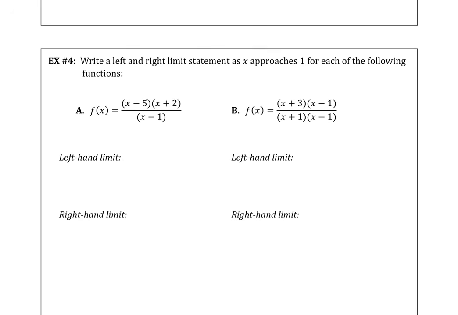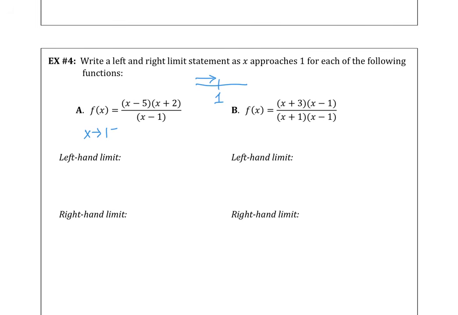We want to write a left and right-hand limit statement as x approaches 1 for each of the following functions. So what's happening as x approaches 1 from the left? You've got to think about what's happening on y. To the left of 1, those are smaller numbers.